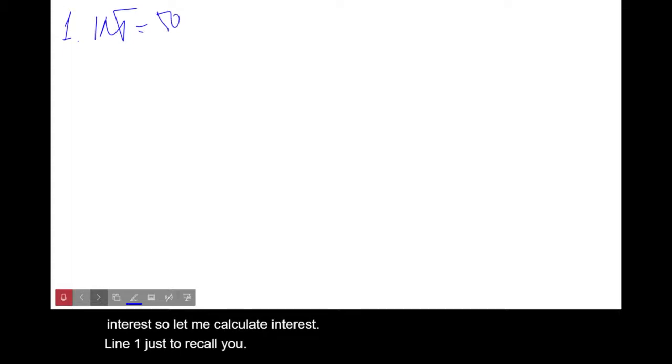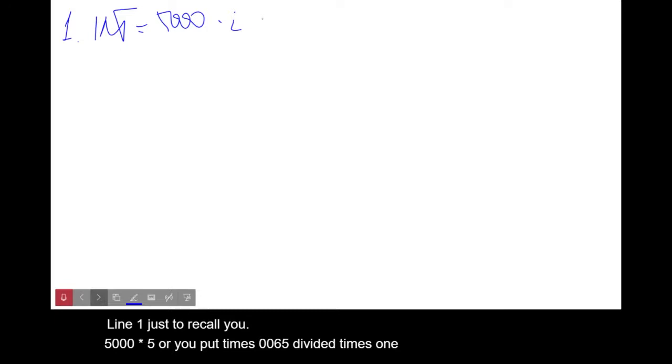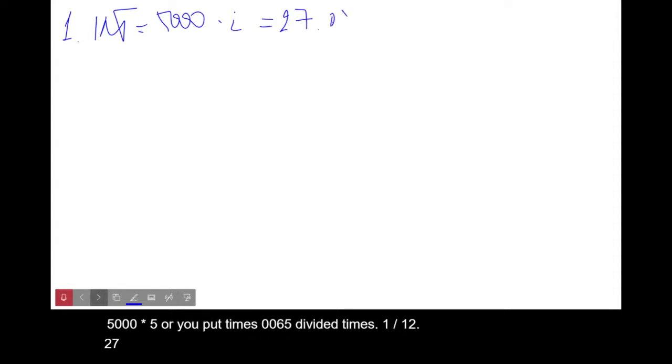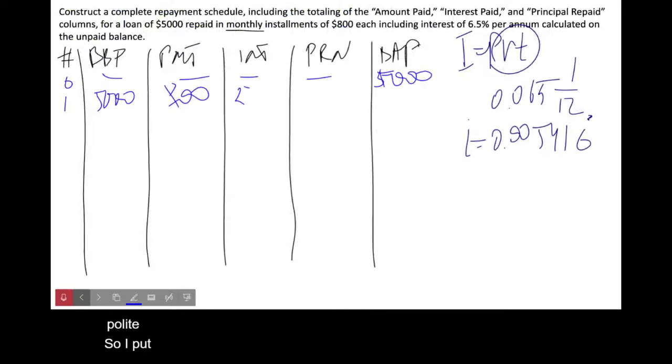Let me calculate interest for line 1 just to remind you: 5,000 times I, or times 0.065 times 1 over 12. That's 27.08.